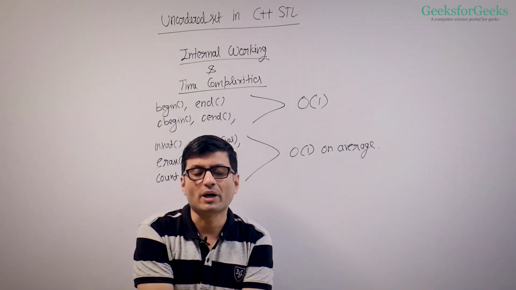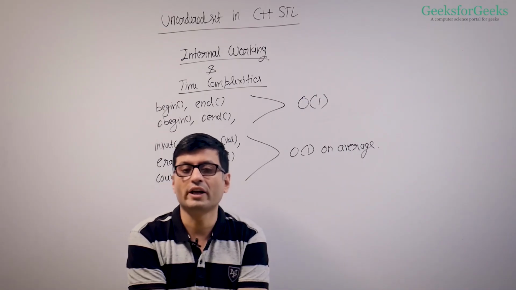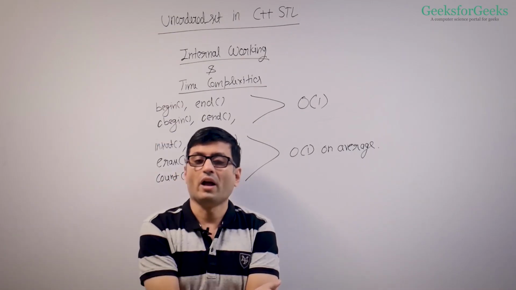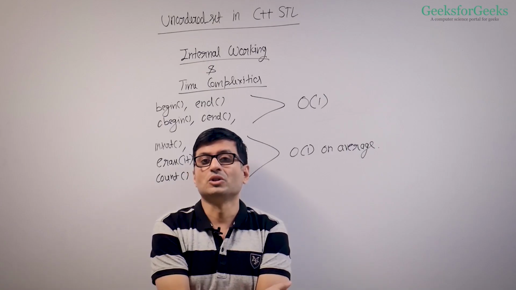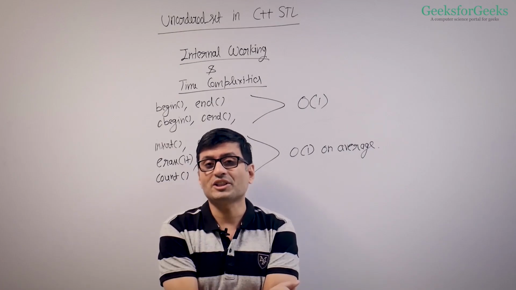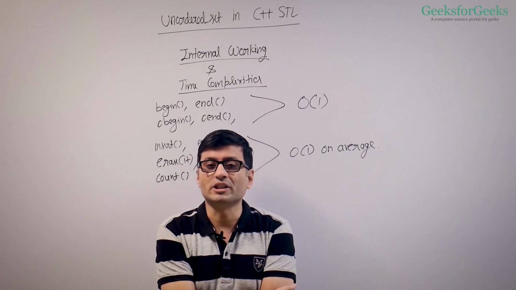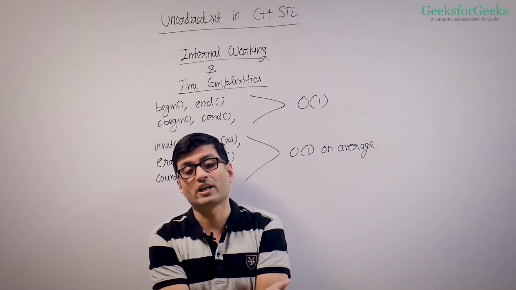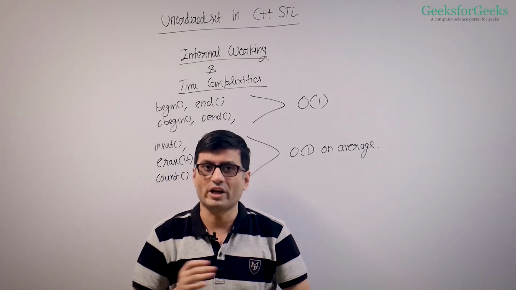Let us now talk about internal working and time complexities of an unordered set. An unordered set uses hashing internally. So with hashing, you have the time complexities of search, insert and delete as big O of 1 on average.